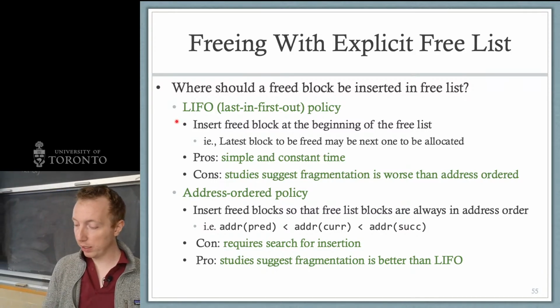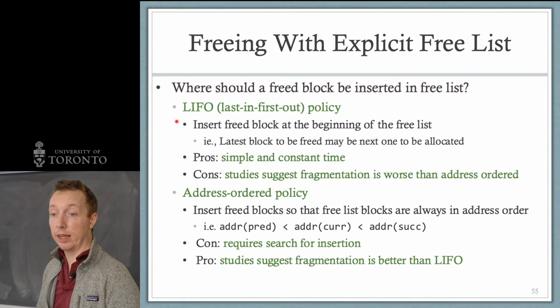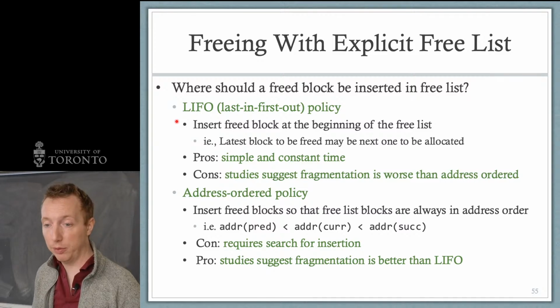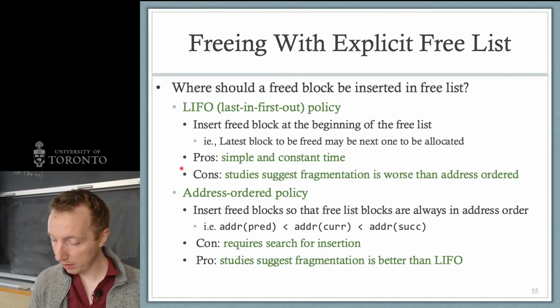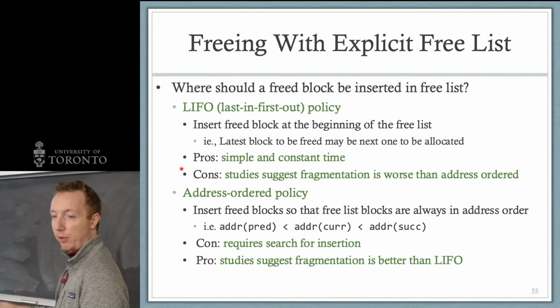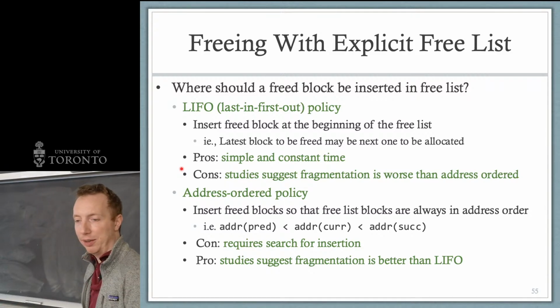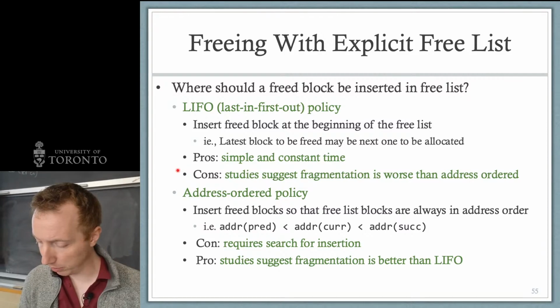So you put the freed block at the beginning of the free list. That means whatever you freed latest is probably going to get reused again, maybe, and that's simple, constant time. If you actually simulate this with real programs, then fragmentation gets worse than if they were just in address order, but of course that's going to take more time.